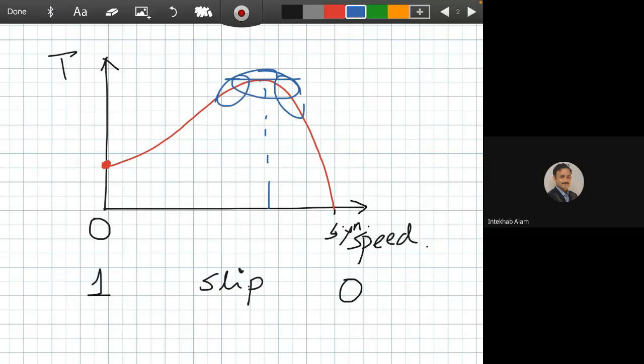One of the tools is omega s. Torque is a function of omega s, as I have already written in the previous equation. Omega s is the synchronous frequency. So if you reduce the frequency, then you can increase the torque, right?